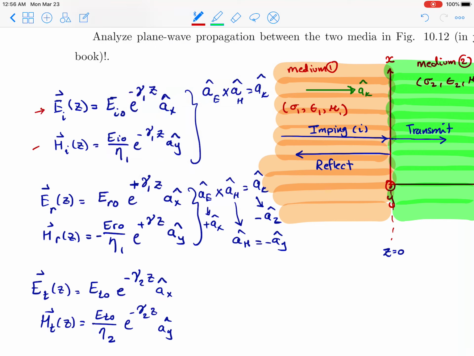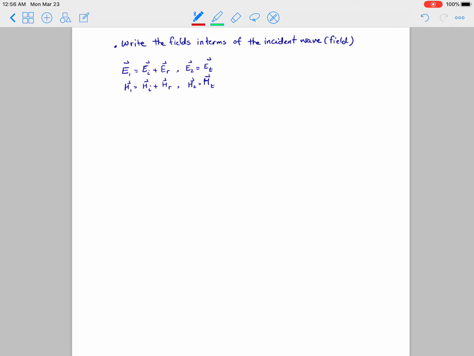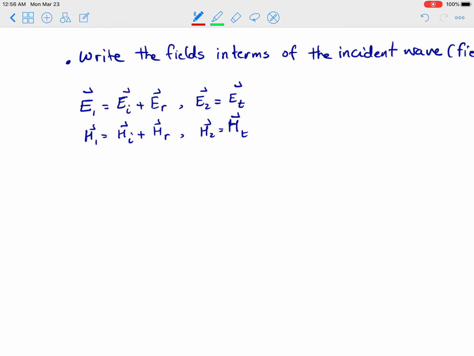So if we take these equations and set z equals 0 and apply the boundary condition, we will see that at z equals 0, let me go back to the blue one, we have E1 tangential should be equal to E2 tangential.